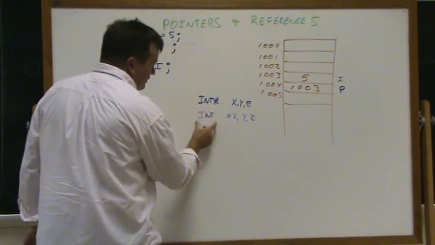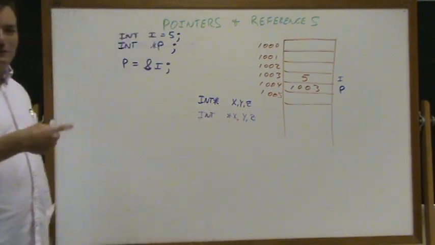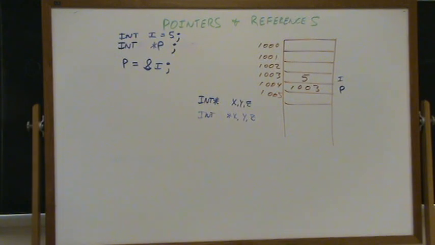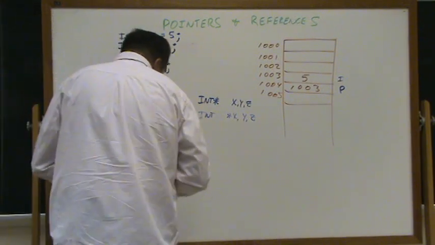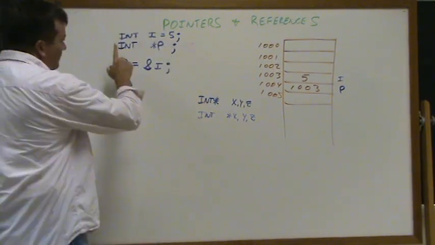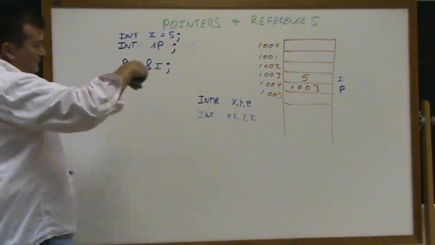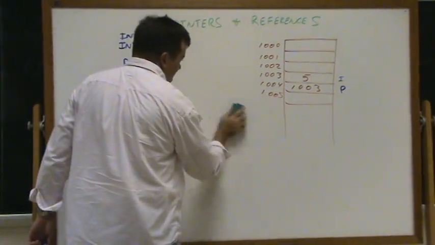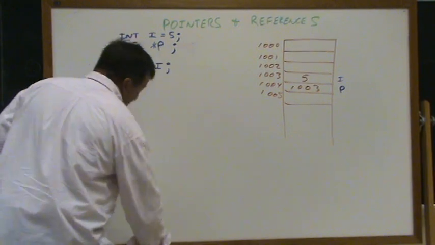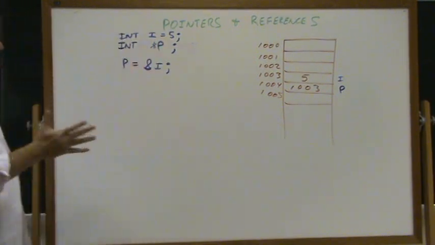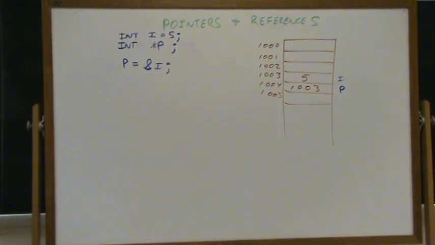So the type is integer, the first one is a pointer to an integer, and the last two are actual integers. It's an annoying trick question, so unfortunately, if you want to make many pointers in one line, you have to put the star next to each one. So it's just generally safer to put the star over to this side, but it could have been either way.